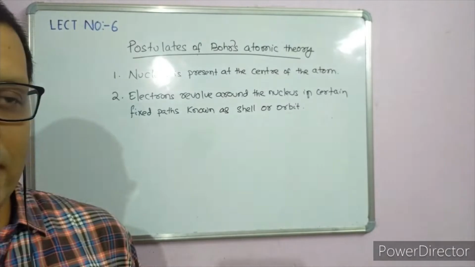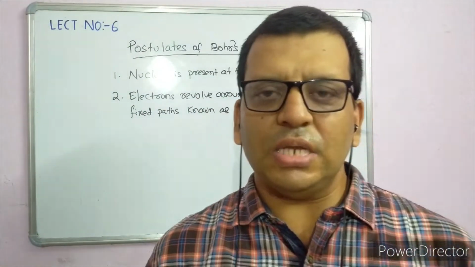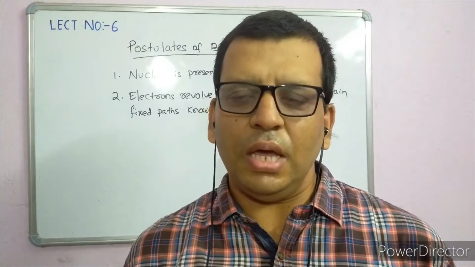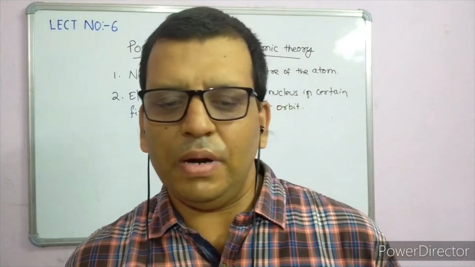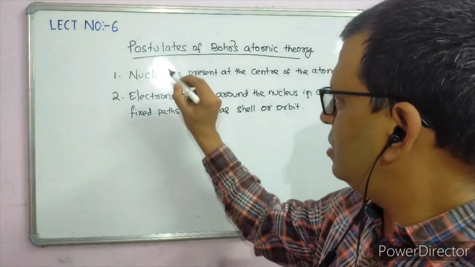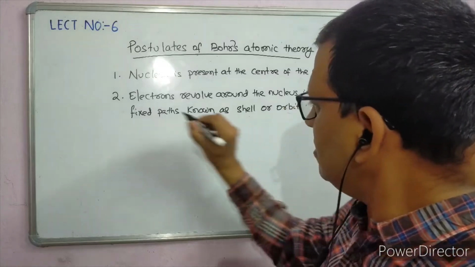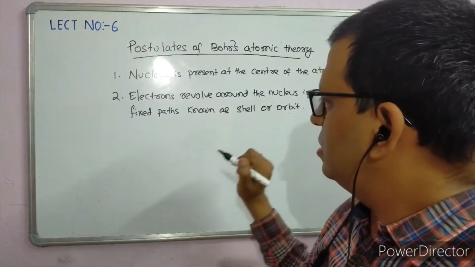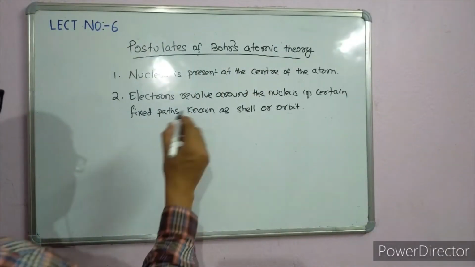If we go back to Rutherford's model, Rutherford said that electrons revolve around the nucleus in a circular path, but Bohr suggested that they move in certain fixed paths which are circular in nature.